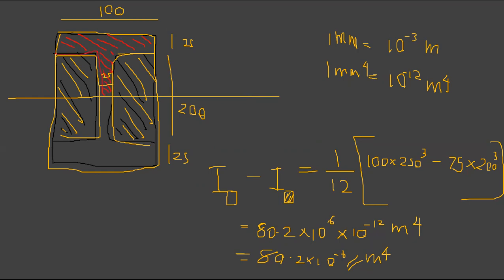So the first moment of area is given by Q equals A y bar. A is the area and y bar is the distance from the neutral axis to the centroid of this red colored portion, right?